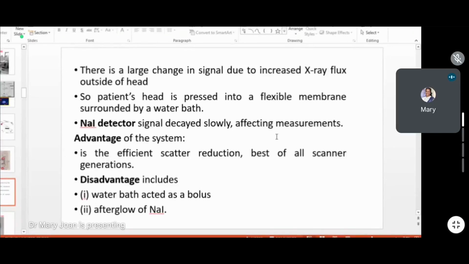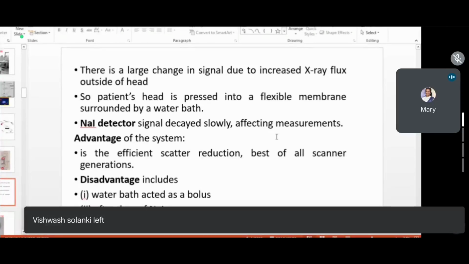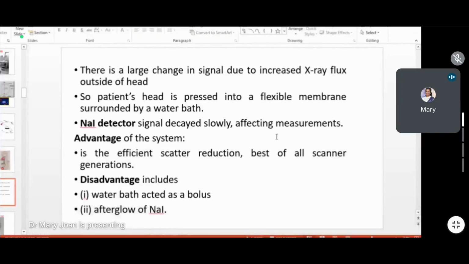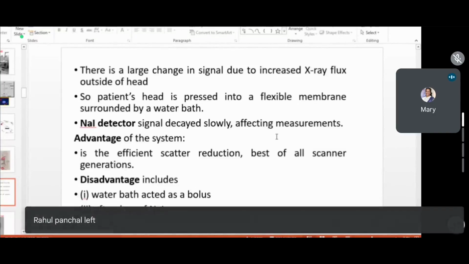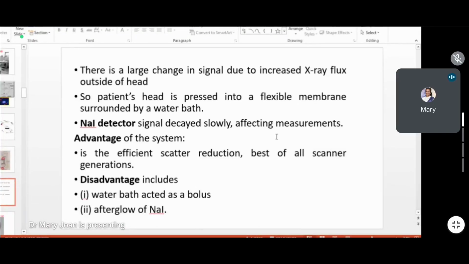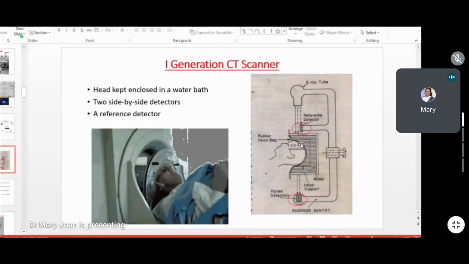So these sodium iodide detectors used to have an afterglow. After the imaging is done, there might be light coming out of it. That is what afterglow is, like luminescence. A luminescent material is something which produces light after excitation. And the water bath which is kept over the head acts as a bolus.